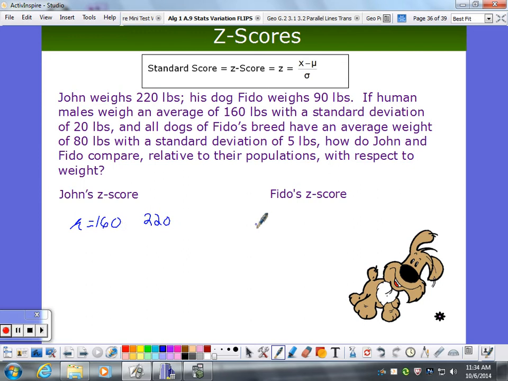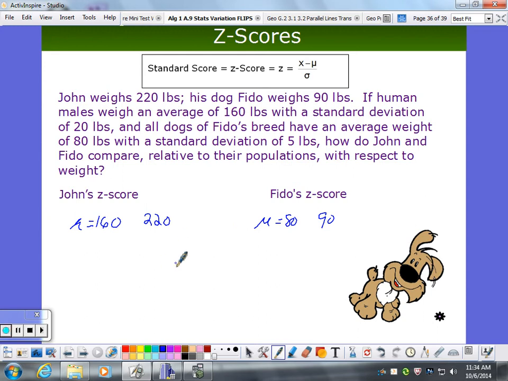He's overweight. Fido's average is 80, but this dog is 90. So he's overweight too, but who's worse? You can't just take the difference because 10 pounds in a dog may be like 50 pounds in a human. We don't know, because it all is relative to the size of the species.